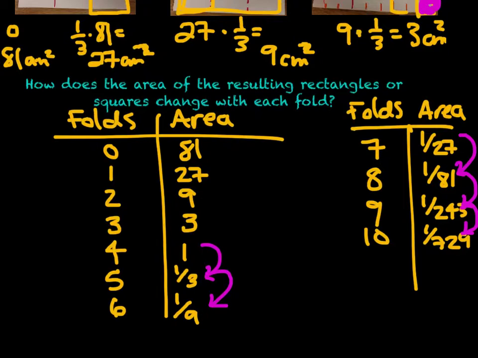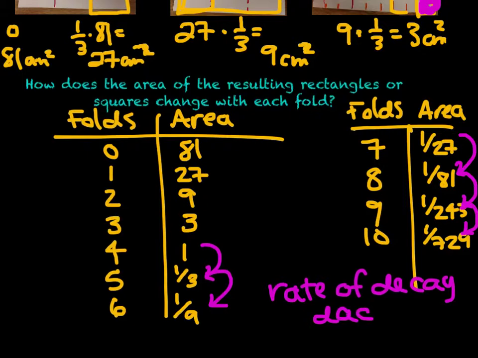And I suppose we don't necessarily want to call it our growth rate. Let's call it maybe our rate of decay, or our decay factor. I suppose we should call it decay factor. Let's figure out our decay factor.